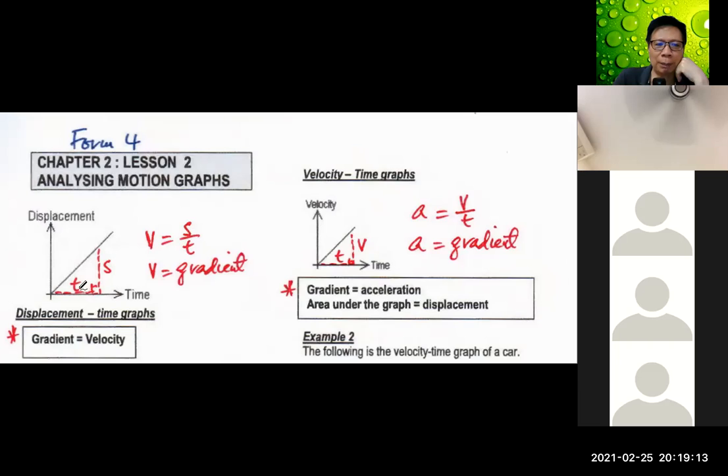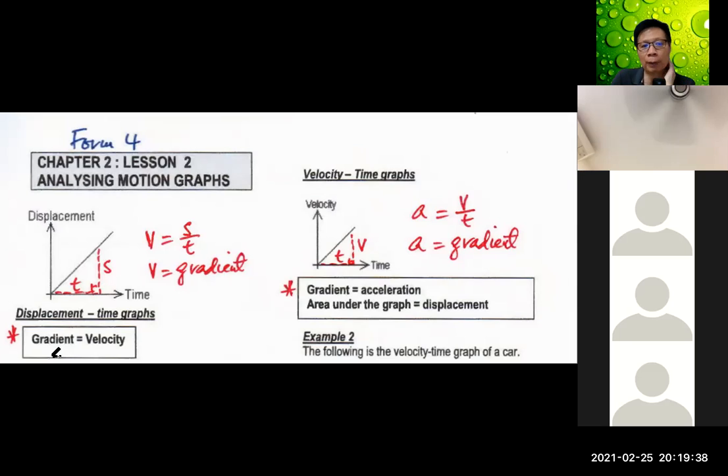So displacement divided by time is equal to velocity. Velocity is displacement divided by time. So when you are given this graph and you want to find velocity, you find the gradient. Always take y divided by x. Draw a triangle, vertical value divided by horizontal value.